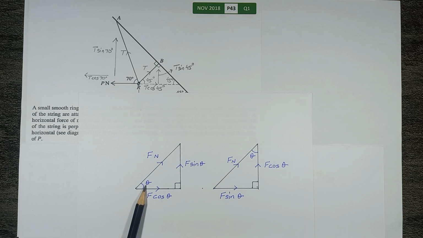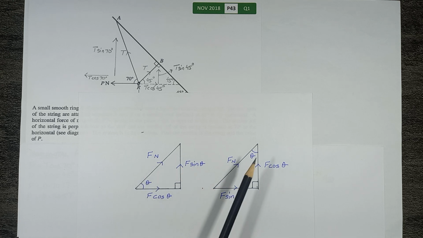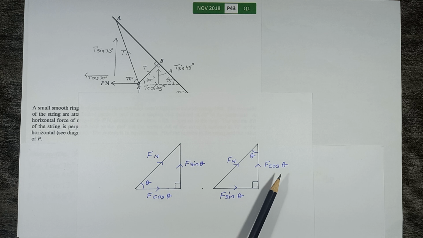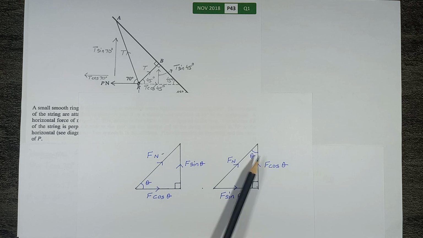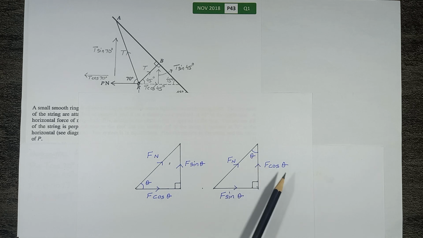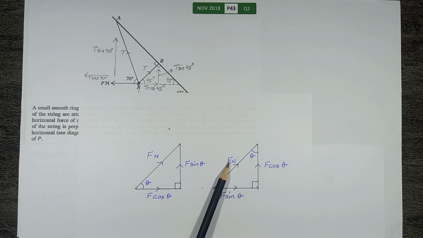If the angle theta is with the x-axis, then the side next to that would be a cos component of that particular force, and the opposite side would be a sine component of that particular force. But if the angle theta is with the vertical, that means the y-axis, then the side next to that would be a cos component of that force and the opposite would be a sine component of that force.